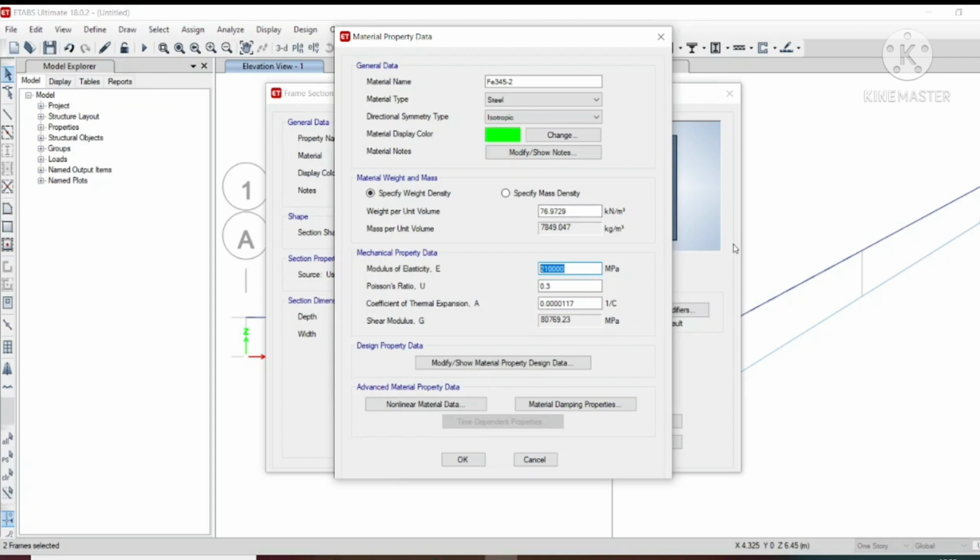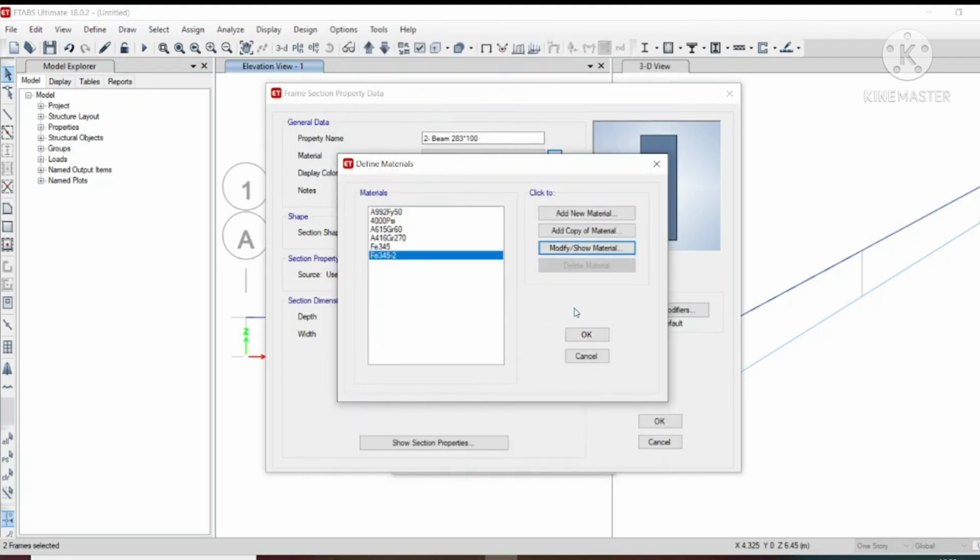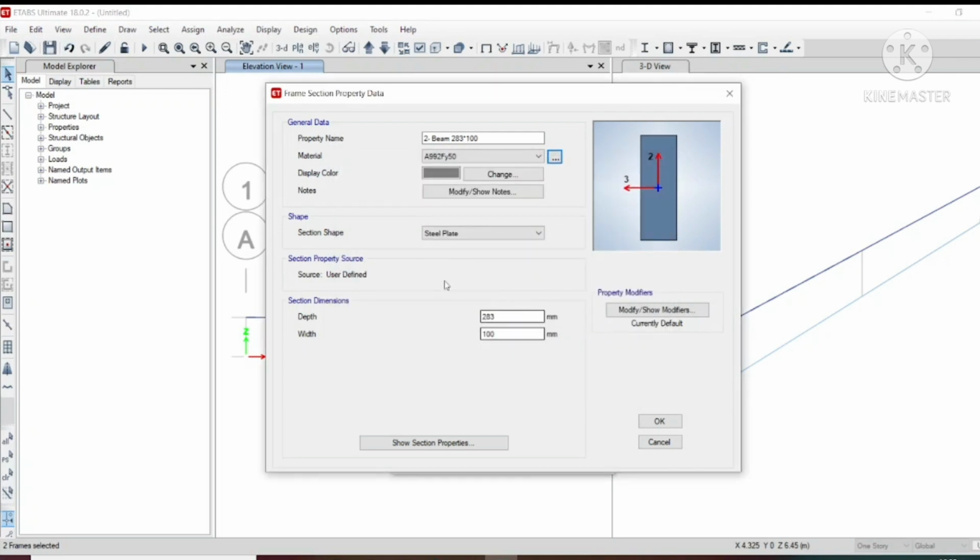What I am doing is taking the beam as the same, and for calculation purposes I am making the Young's modulus twice the Young's modulus, that is, instead of 212 it will become 424. And I have assigned two material properties here.